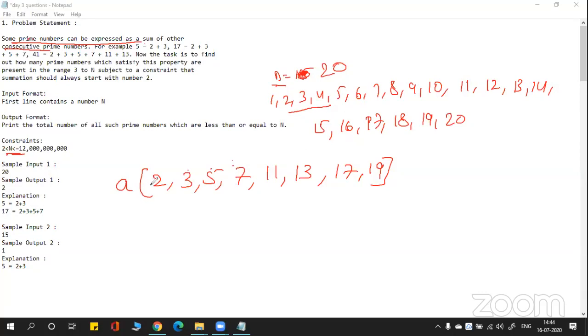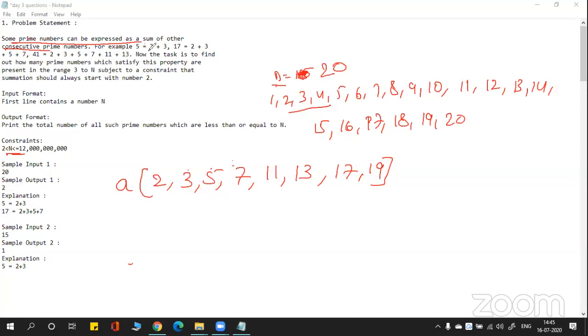Until that n value, whatever prime numbers we are getting, we can store them. After storing this, what logic can we apply so that I'll get the count of prime numbers which can be expressed as a sum of other prime numbers? Any logics?